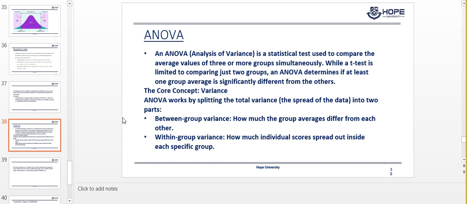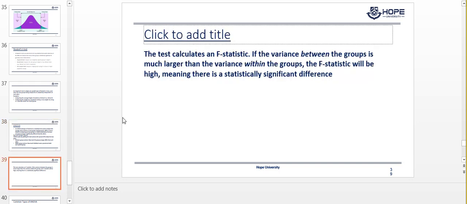The core concept is splitting the total variance into two parts: between-group variance, how much the group averages differ from each other, and within-group variance, how much individual scores vary inside each specific group. We use the F-test statistic, which compares whether the variance between the groups is much larger than the variance within the groups. A higher F statistic means there is a statistically significant difference between them.